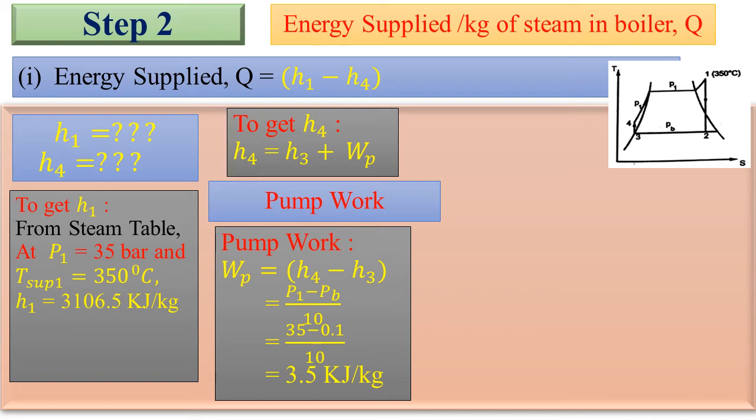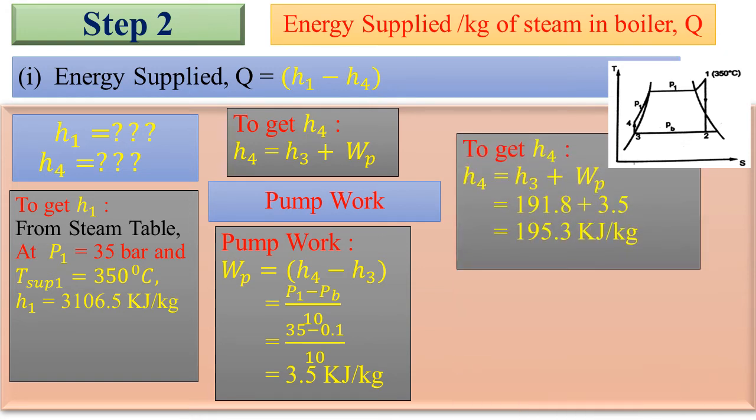Therefore for equivalence we need to calculate everything in terms of enthalpy. Now we have the value of pump work, that is 3.5 kilojoule per kg. Now to get H4, again we will apply the same formula, that H4 is equal to H3 plus pump work. Pump work we have just calculated, it is 3.5 kilojoule per kg.